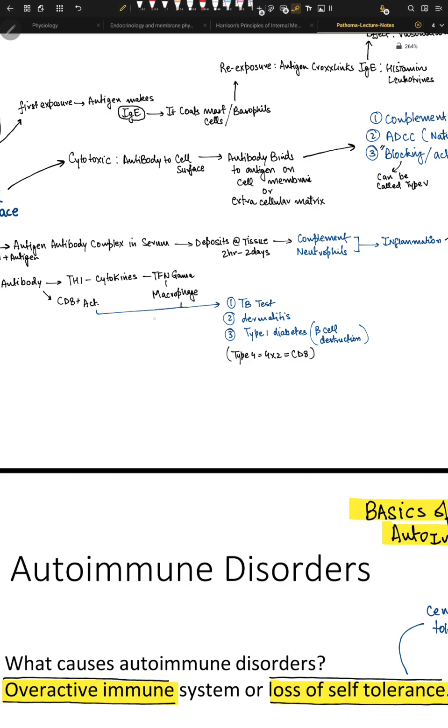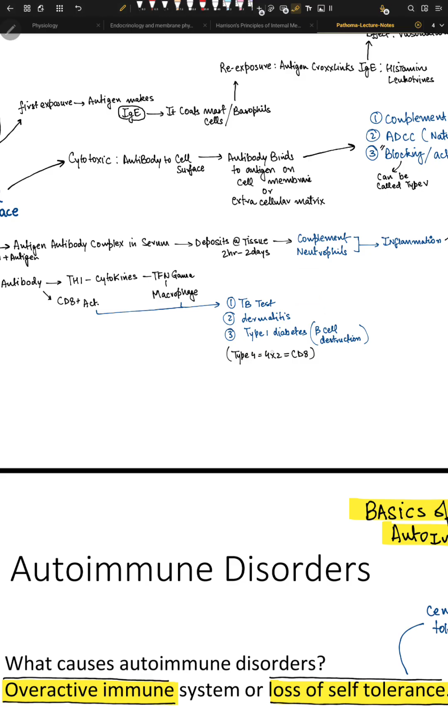We can see this happening at 2 to 3 days, in dermatitis, in the TB skin test, and in type 1 diabetes. In type 1 diabetes, there is beta cell destruction in the pancreas, in the islets of Langerhans.